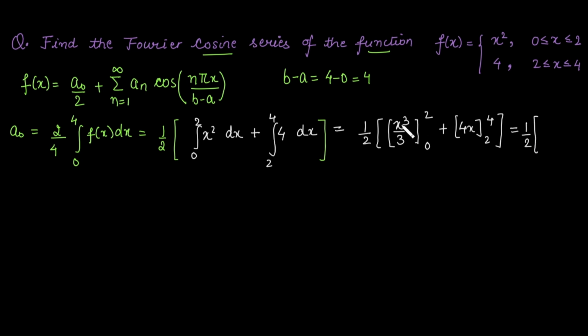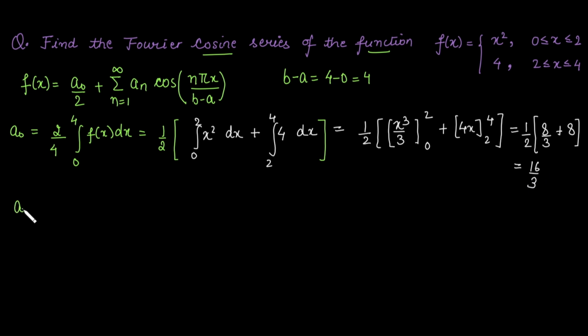When you put the upper limit, we have 8 by 3 minus lower limit 0. That is 8 by 3 in this case, plus upper limit 4 into 4 is 16 minus 4 into 2, that is 8. So we are getting in this case the answer as 8. Final value in this case is equal to 16 by 3.